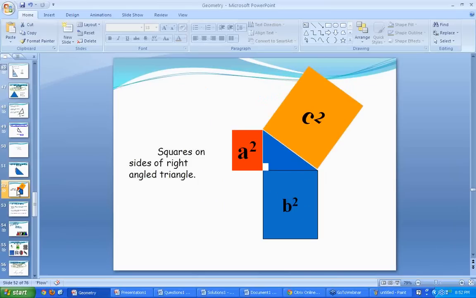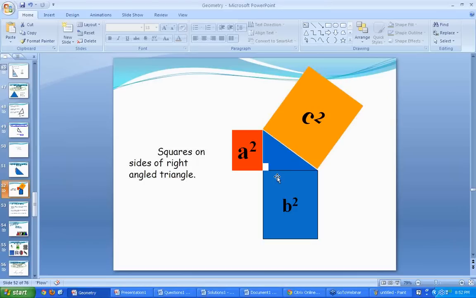Now this is the logic from where this formula has come up, which says that hypotenuse square, h square, is equal to p square plus b square. If you make a square with all the sides of the triangle, you will find that the areas of these squares follow this logic.